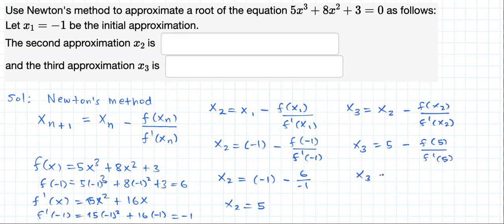So x3 should be equal to 5 minus, what is the evaluation of our function at 5? Well, let's go back here and substitute the -1 that we got here for a 5, okay? So 5 here, 5 here, 5 here.